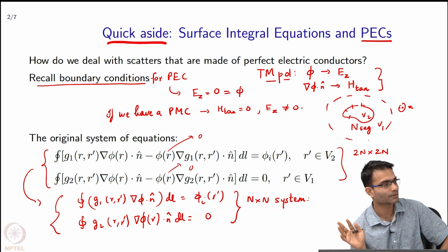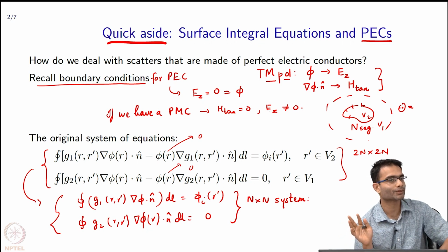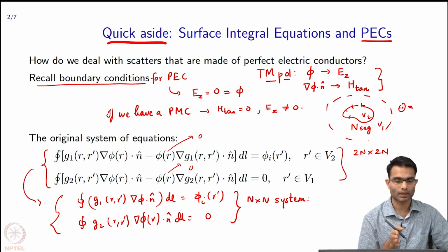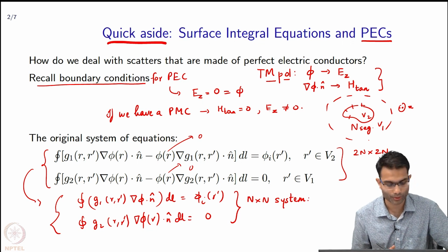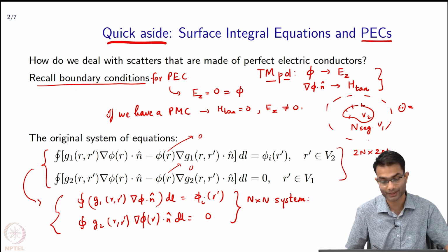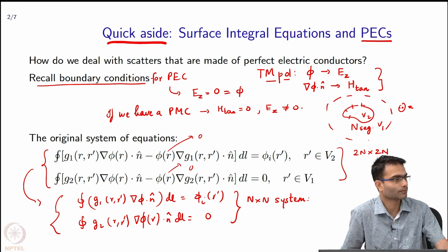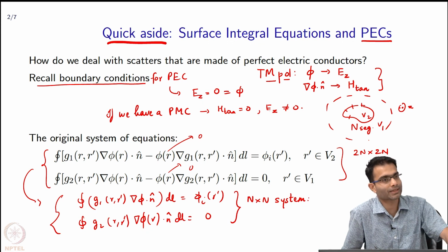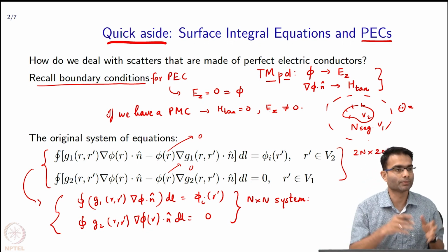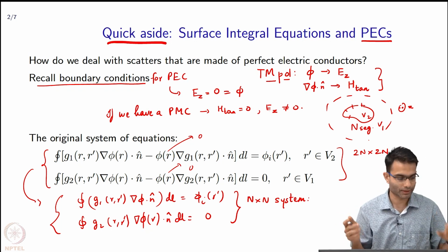I am just left with g, and g had a singularity which was integrable. So, this is how you would solve a problem with a perfect electric conductor. In some sense it is the easier thing. We could have started the whole discussion with PEC and then built it up to dielectric objects, but we have done it the other way.